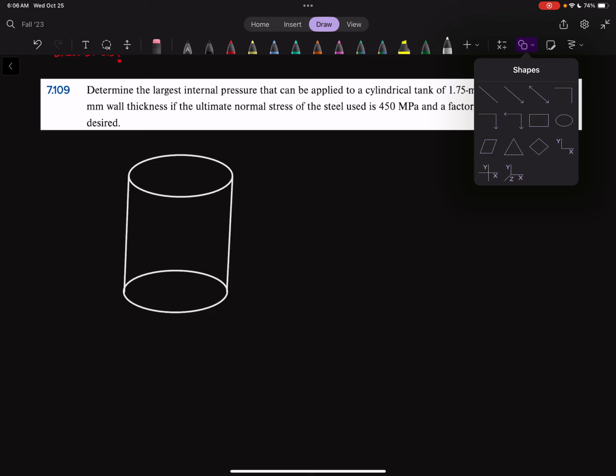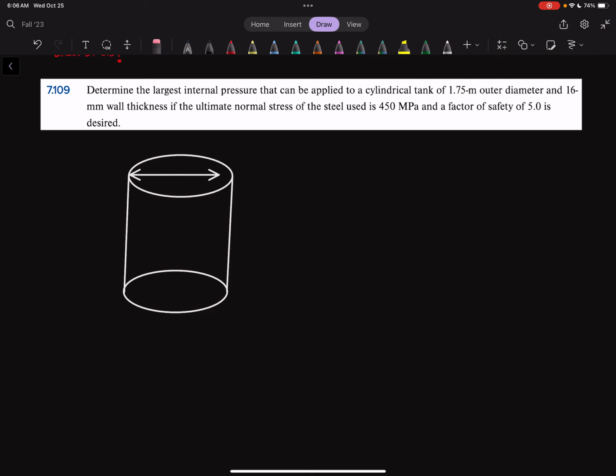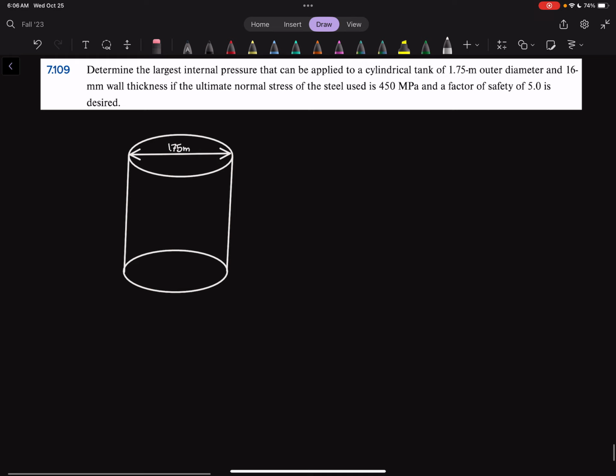Okay, 1.75 meters outer diameter. So this is 1.75 meters, and the wall thickness is 16 millimeters. Okay.